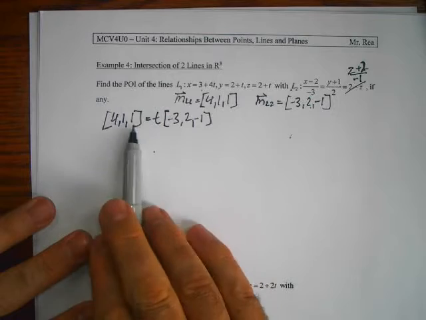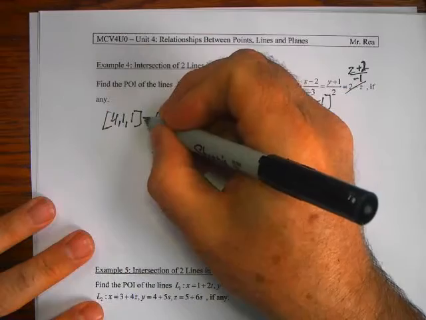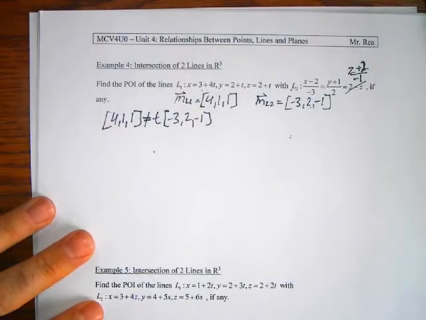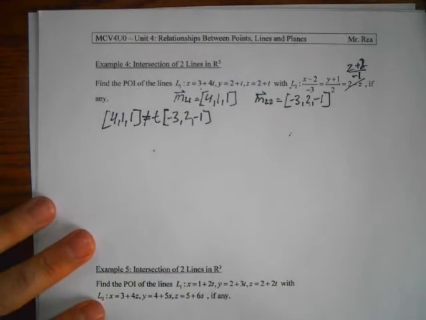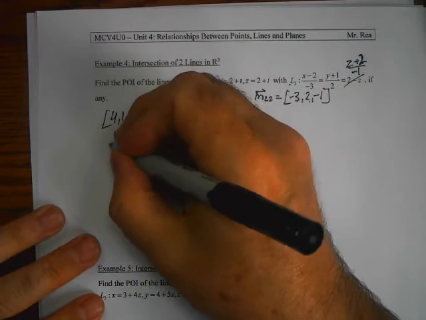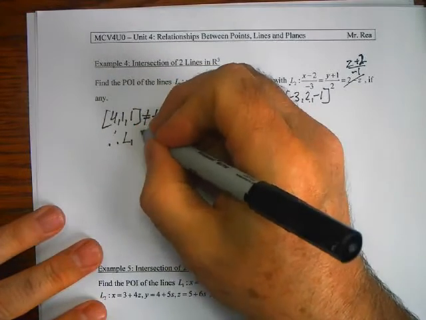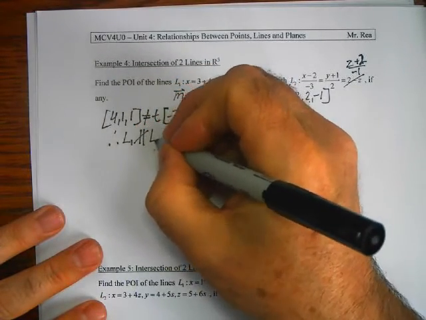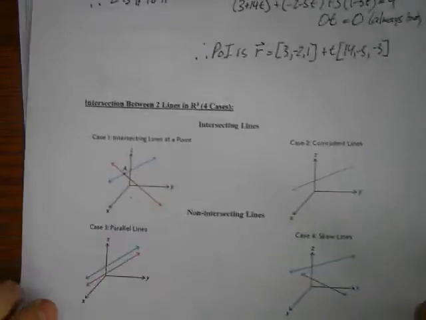So this equation actually can't work. It means they're not scalar multiples, and therefore the lines aren't parallel. So L1 and L2 are not parallel.